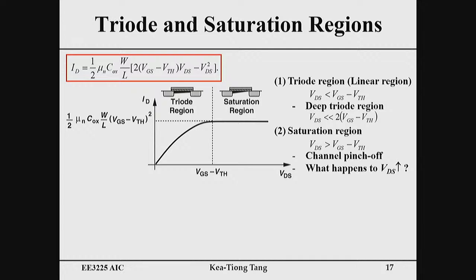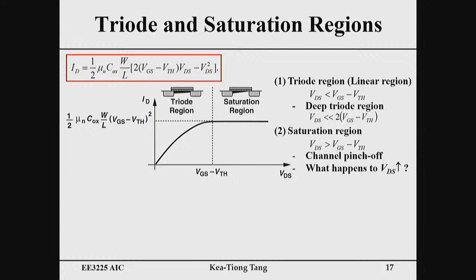This region, we call it deep triode region. So in the deep triode region, the transistor behaves like a resistor. And if we leave the deep triode region and enter into the triode region, we saw that governing equation. And after the channel is pinched off, the transistor enters into the saturation region.